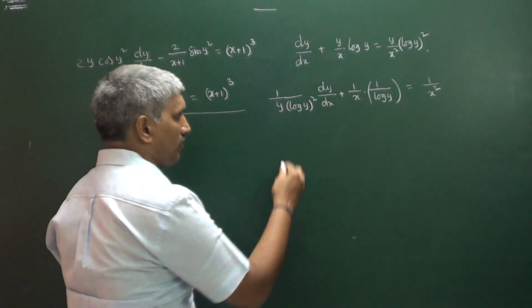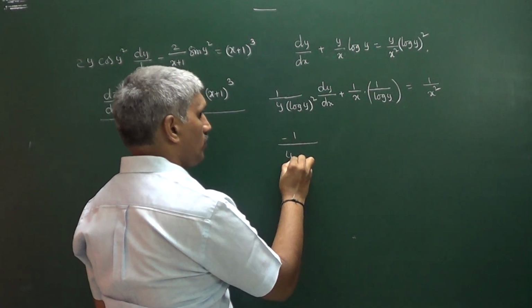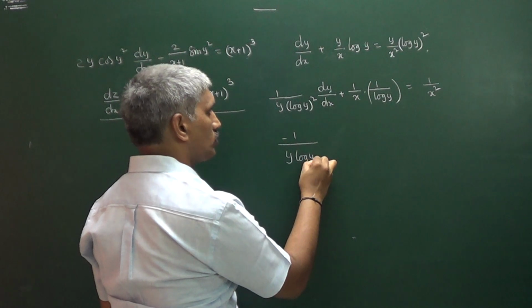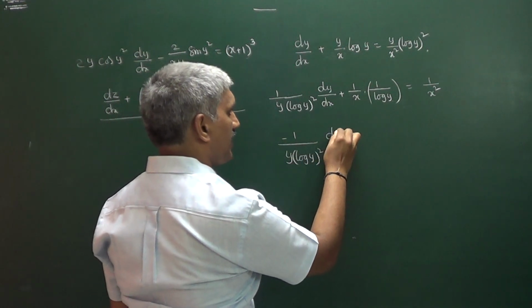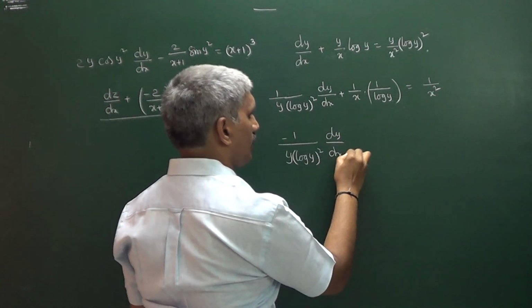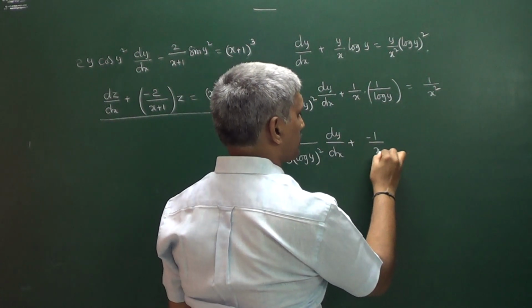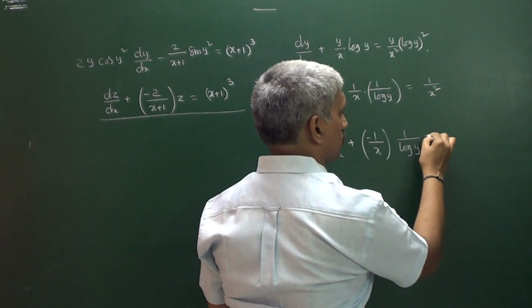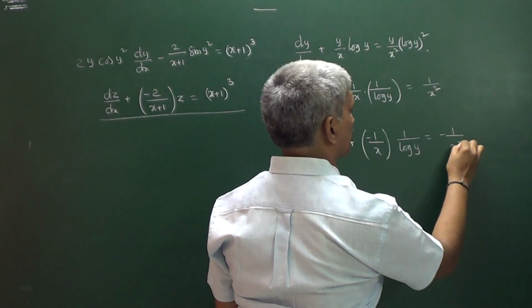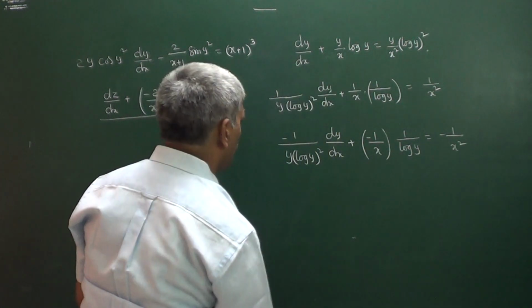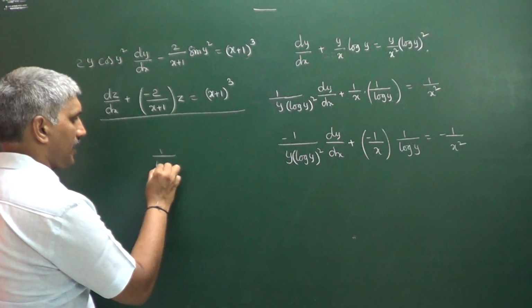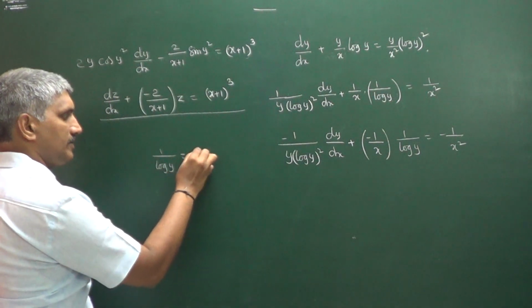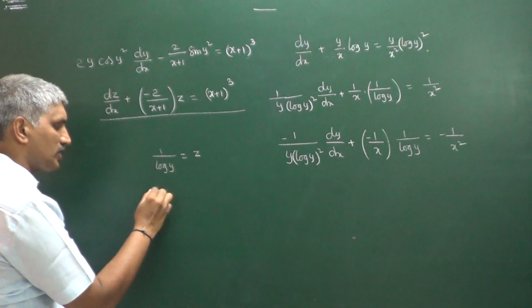Now multiply with minus: 1 by y into log y whole square into dy by dx plus minus 1 by x into 1 by log y is equal to minus 1 by x square. Now we can take the substitution as 1 by log y is equal to z. Tell me what is 1 by x differentiation?